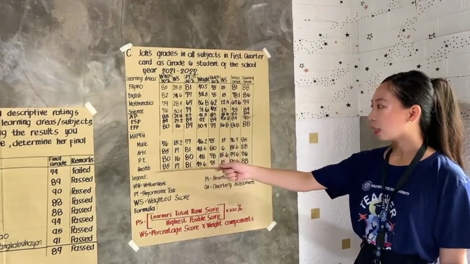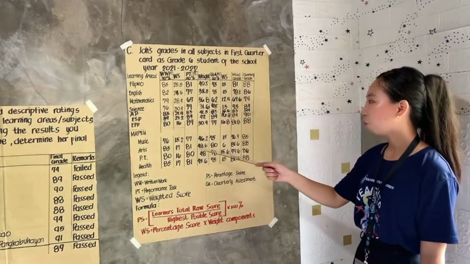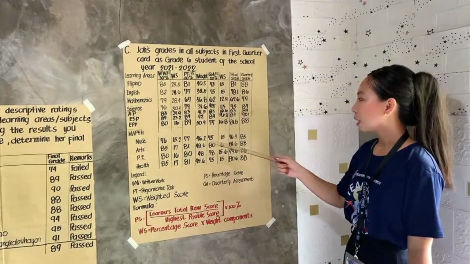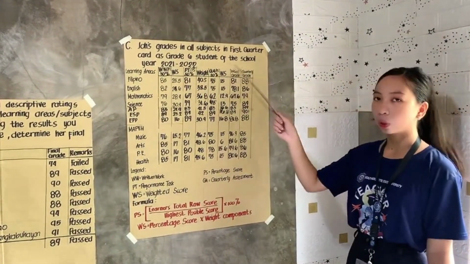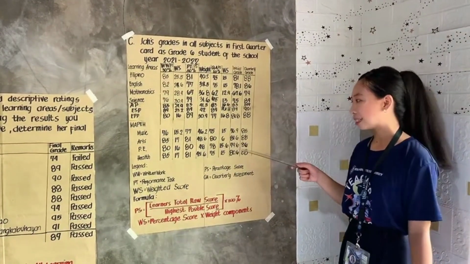And in arts, he got 17 weighted score in written work, and 48.6 weighted score in performance task, 16 weighted score in quarterly assessment. So that would be total 81.6.